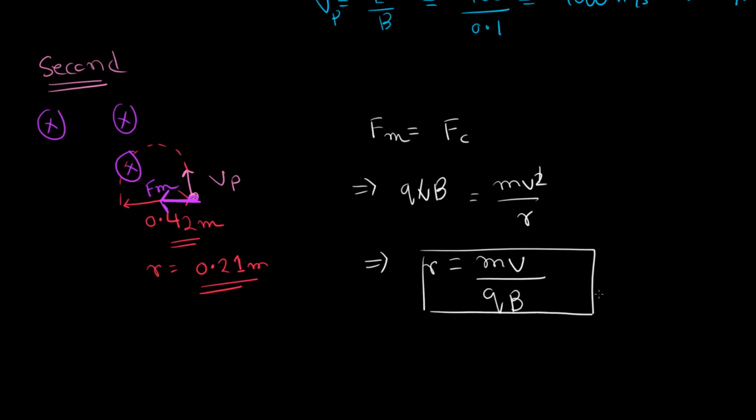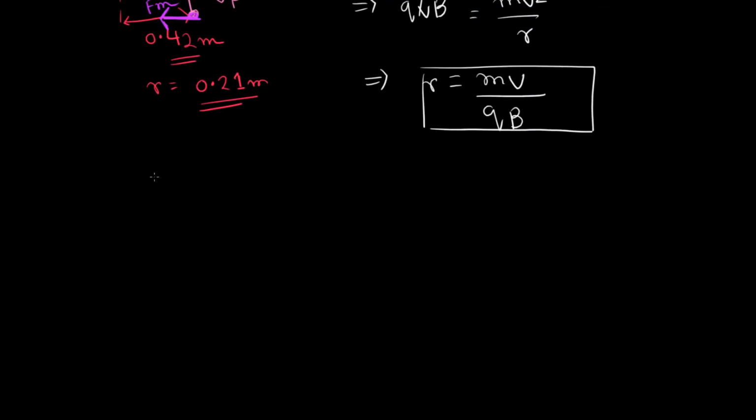Now we would just plug in the values. R was 0.21 meter, equal to m we don't know, q we don't know. Let us keep it like this. B, it's 0.1 Teslas again, and V, it was 10 to the power 3. So on simplifying this, what do we get?